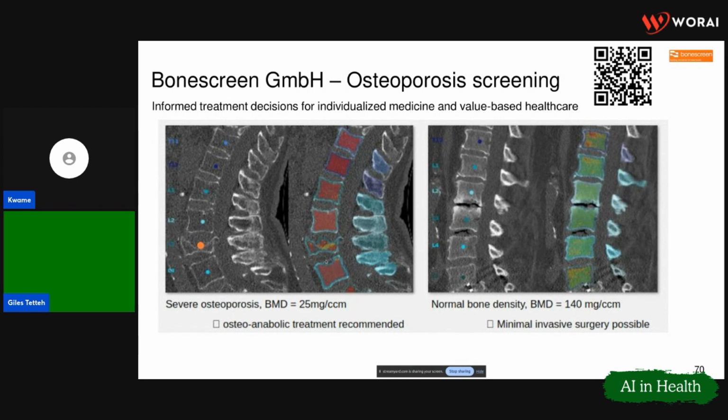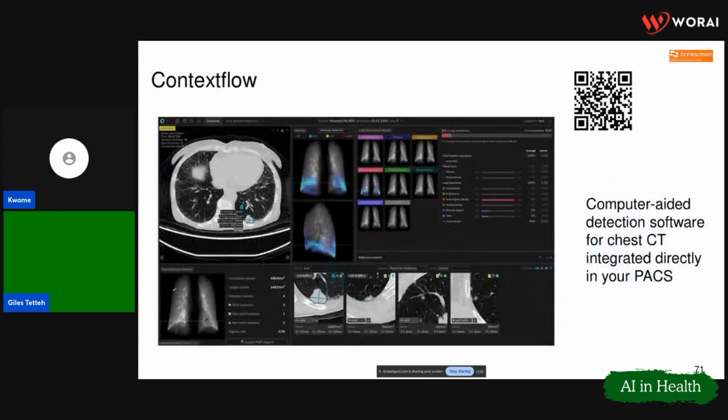We're able to detect if there are fractures, for example, in this case. And then we're able to tell where, for example, you see red means the person is osteoporotic. And where there is a lot of green, it means the person has a normal BMD, or bone mineral density. So that is what we do at Bone Screen.